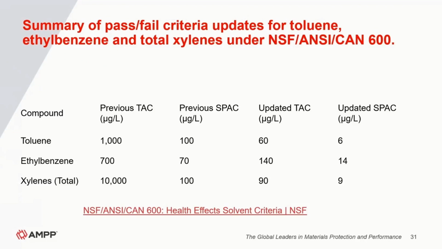The updated SPAC and the updated TAC, which is total allowable concentration, used to be 60. Now it's 6. So as you can see, those maximum values have reduced tenfold, which now means that most of those products that contain toluene, ethylbenzene, and xylene would not pass the updated ANSI CAN 600 solvent criteria.